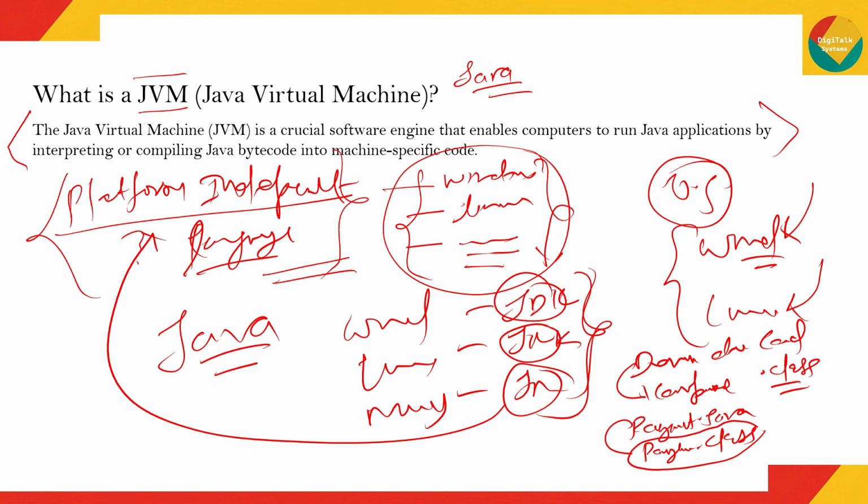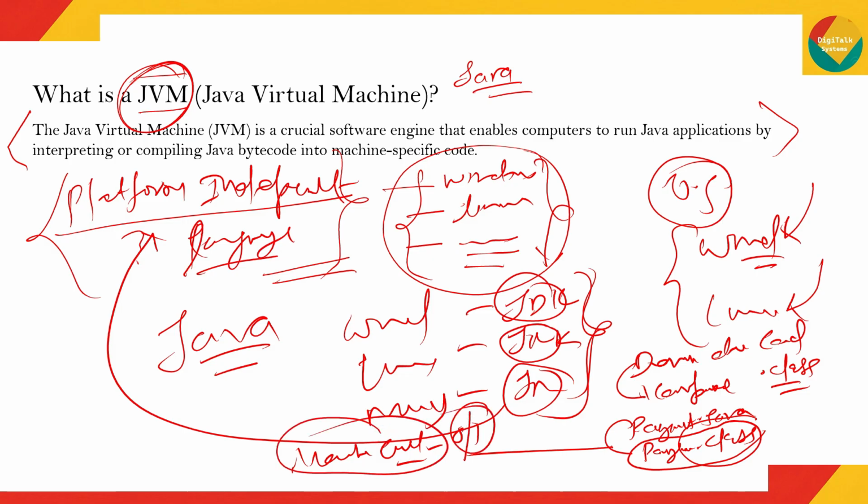And when your application is executed in the JVM, what this JVM does is convert this dot class, which is a byte file, into machine code, right? Because we know machine only understands 0 and 1. So every programming language has to be converted into machine language. So this Java JVM is a mediator which converts this class file, which is a byte file, into the machine code.